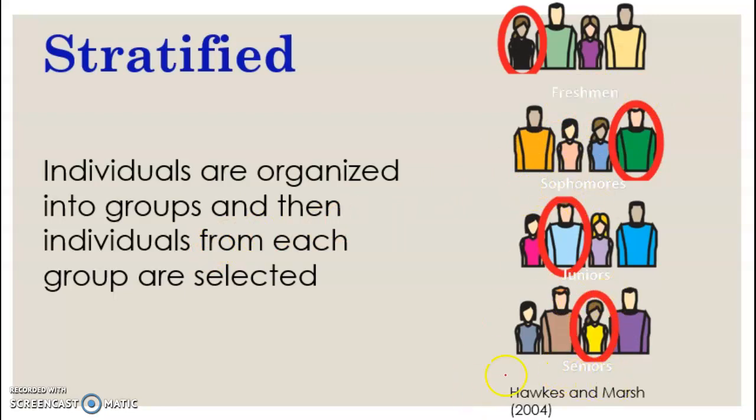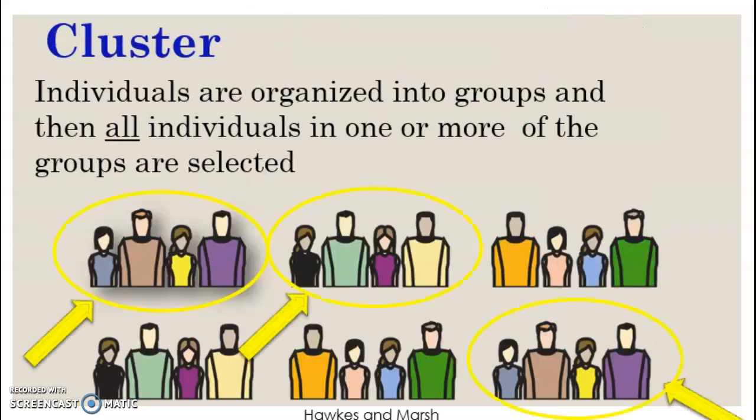We've got this. But you'd pick from each one, knowing that they have already been ordered, stratified, put into groups. Cluster: individuals are organized into groups, and then all individuals in one or more of the groups are selected. Okay?